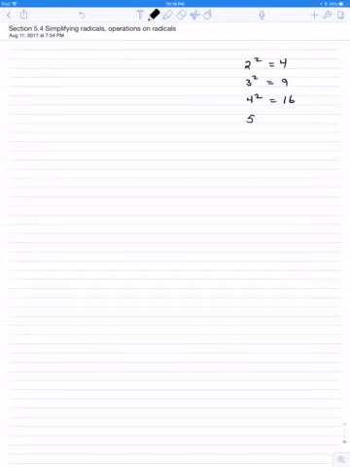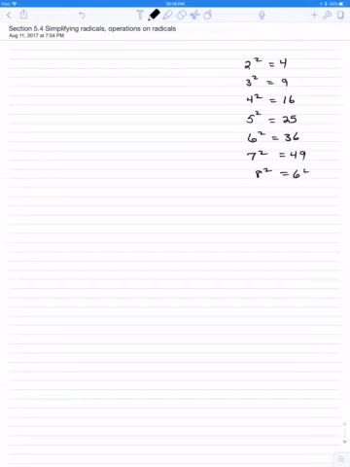So I'll start out by identifying some perfect squares. 2 squared is 4, 3 squared is 9, 4 squared 16, 5 squared is 25, 6 squared 36, 7 squared 49, 8 squared 64, 9 squared is 81, and 10 squared is 100. Okay, that'll do for now.